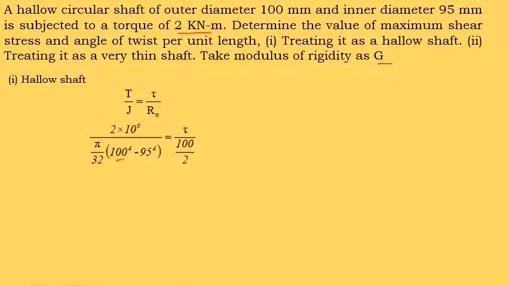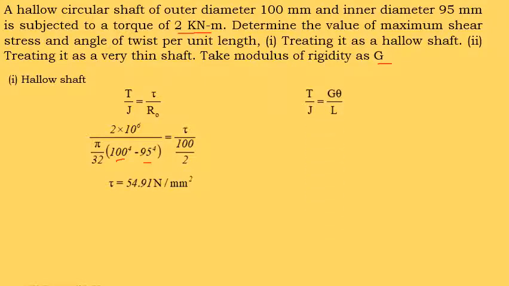So major diameter given is 100, minor diameter is 95. Then tau value we have to find. Radius is major diameter by 2, that is 100 by 2. So after simplifying this equation, we got tau value. Tau is equal to 54.91 Newton per millimeter square.